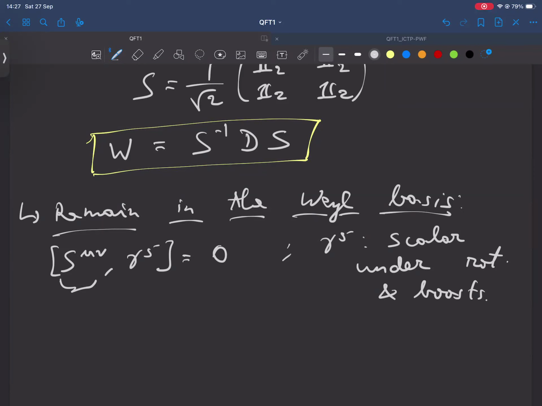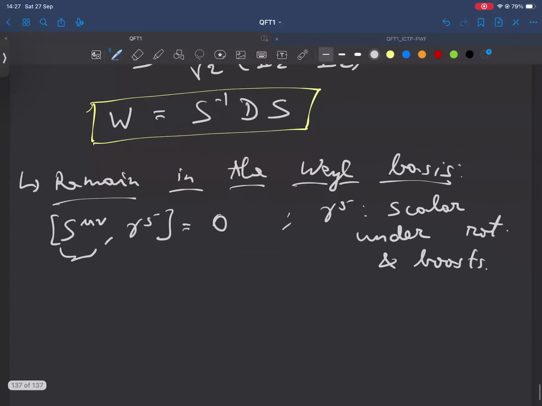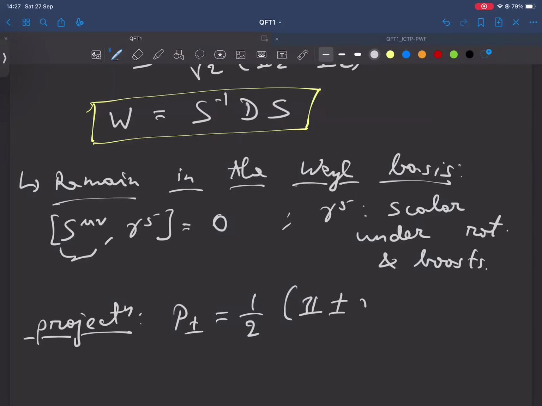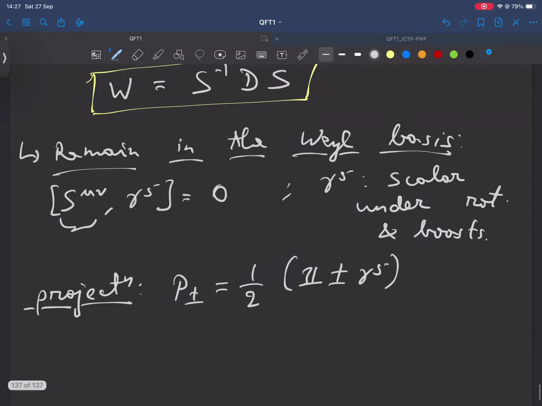Then the next thing is, with this we can define what are called projection operators using gamma 5, and they are defined like this. And I will say why the convention plus minus comes from. Okay, so the identity plus minus gamma 5. So in order to see that they are actually projections, you have to show that they satisfy these properties.